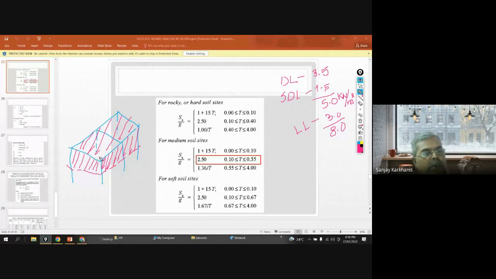Here you might consider weight of slab and weight of beam, but weight of column is missing. So you can find out the sizing of columns and the mid height of the column, and find out the weight of columns and weight of walls. Clear? So that is additional dead load.